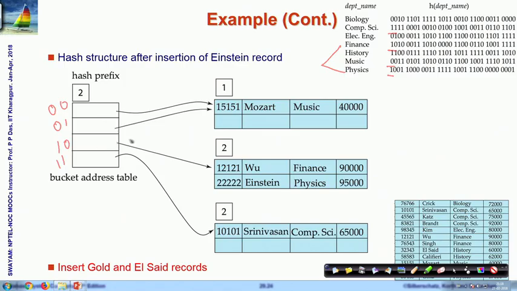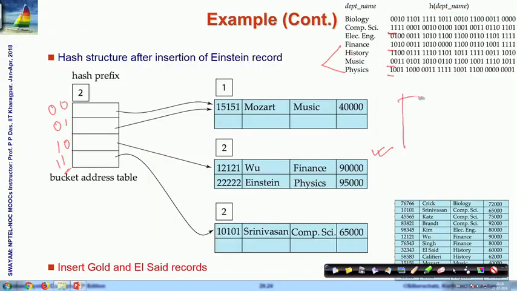So, in the hash bucket address table 1 0, you have finance and physics coming in with Wu and Einstein records, and computer science, which has got 1 1, the Srinivasan record goes to a new bucket which comes from 1 1 here.